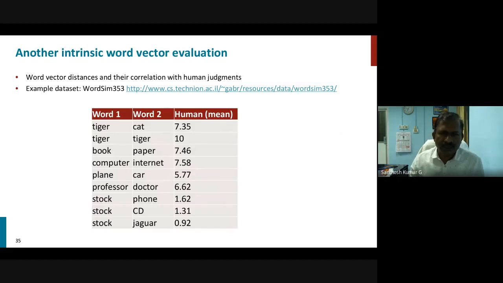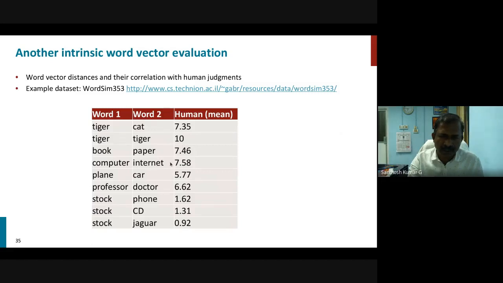So there are other works. With human judgments also, it has been done. So you can see word 1 and word 2, tiger and cat, and human being. They actually ask people to give a score. So higher score means they are similar to each other. So book and paper, semantically, they might be closer, right? So that's why there is a high score.